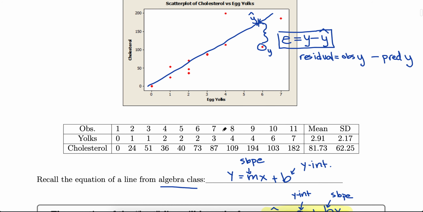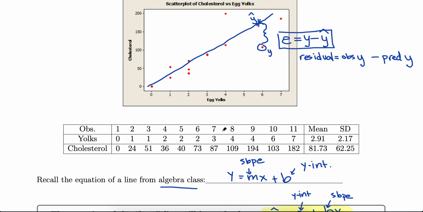Just a quick observation: it says they're squared, and it's squared for a reason. If we take this point, for example, my observed y is up here around 200 and the predicted y is down here around 100. So 200 minus 100 gives me a positive value, so this point has a positive residual.